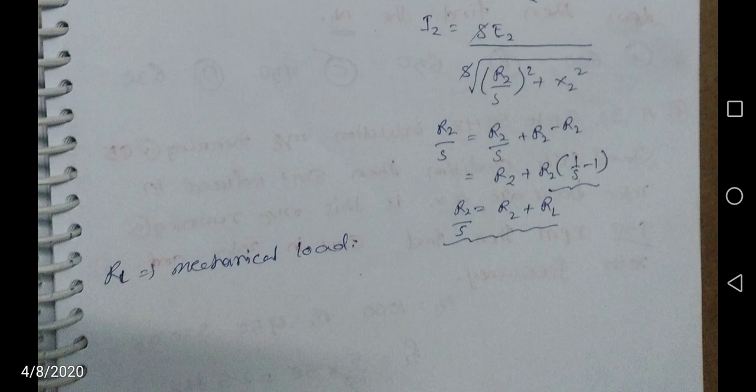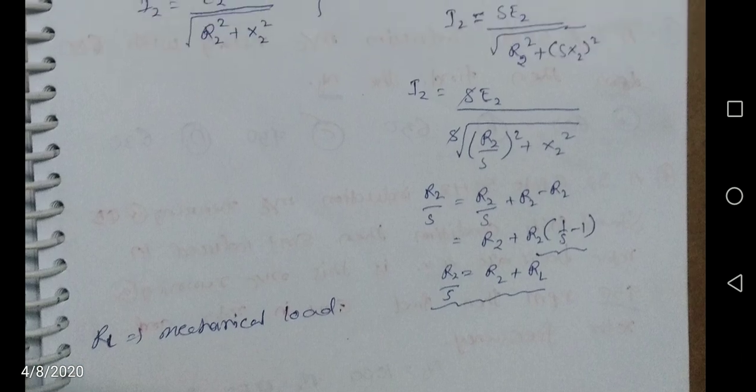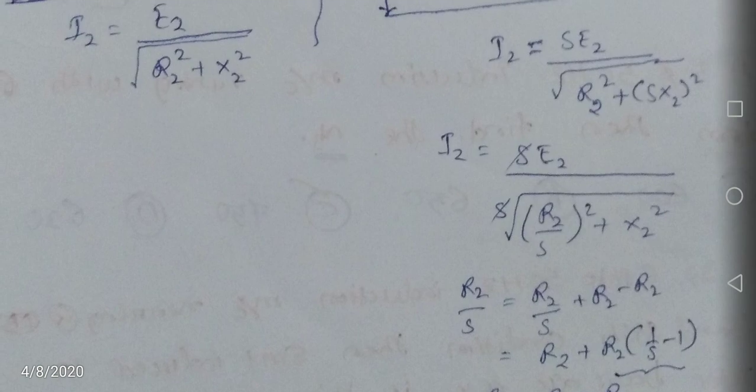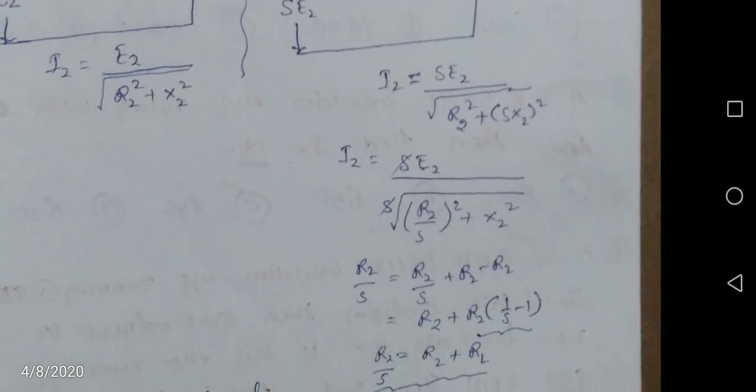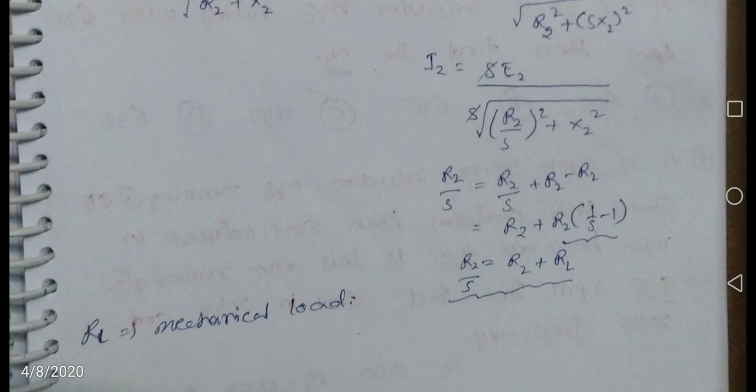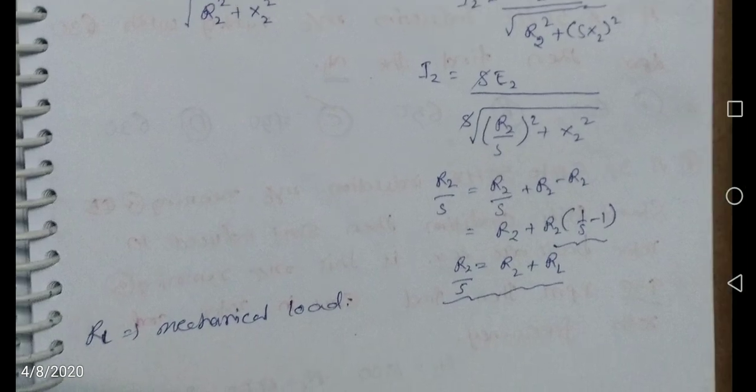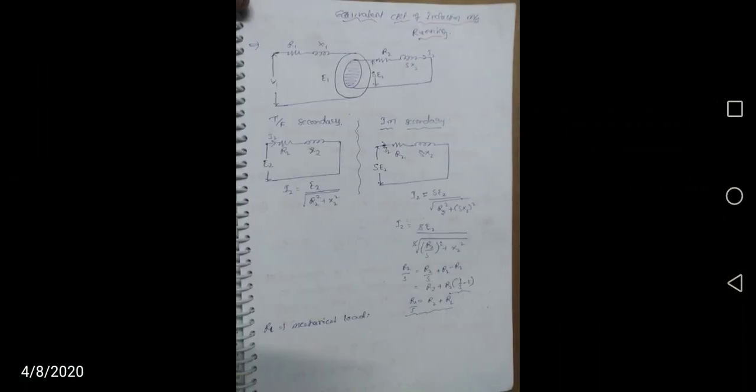R2 by S equals R2 plus RL. In the current equation, in place of R2 by S, substitute R2 plus RL.